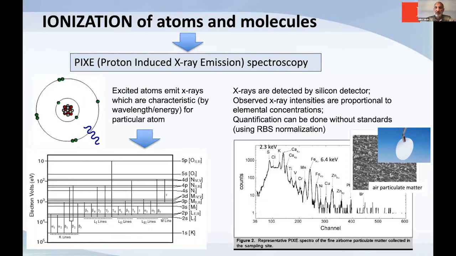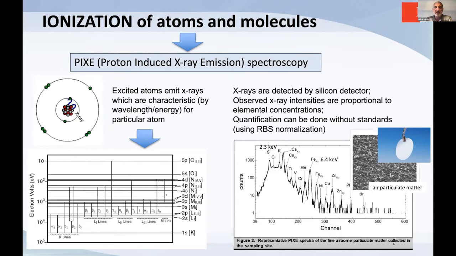Okay. There are also L lines, so there are K alpha and K beta lines. For instance, you can see iron K alpha and iron K beta. There are some lead lines here. And what is also important is that the background in PIXE is very small. Bremsstrahlung is quite small, and the advantage of PIXE over other X-ray emission techniques is its rather low background.